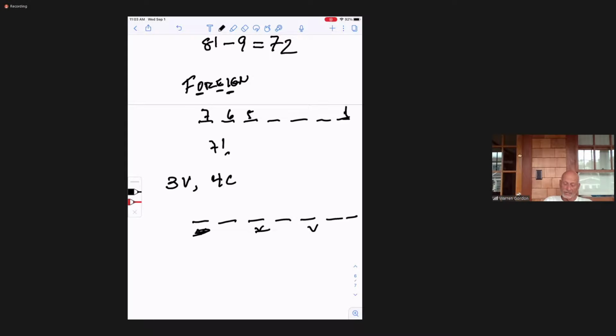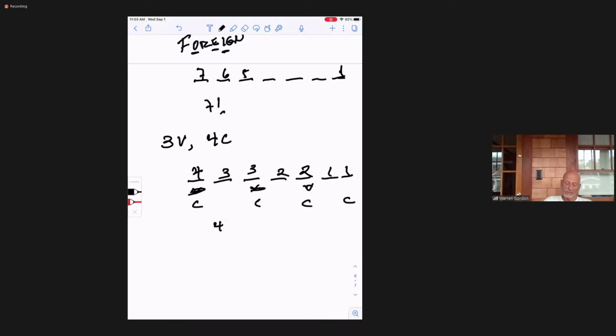So I have to start with a consonant. I have 4 choices here, 3, 2, 1. And then I can put the vowels in, 3, 2, 1. And if you want, you can write this as 4 factorial times 3 factorial. If you want to work it out, 24 times 6, which is what, 144? Okay. And was there a third part to this one?